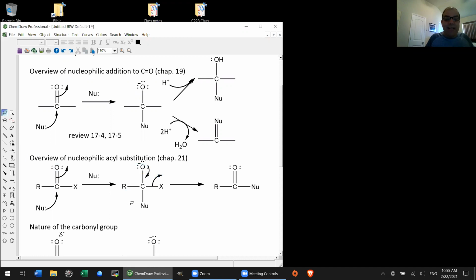Again, we'll get to that even today, and it's something we've covered already. But one way or another, this tetrahedral intermediate with our sp3 hybridized carbon atom is going to collapse and kick out the leaving group, and that will wind up in some inorganic side product. But our major organic product, which is again what we always want to focus on, is going to be a substitution product of this type. And there are a ton of reactions like that as well.